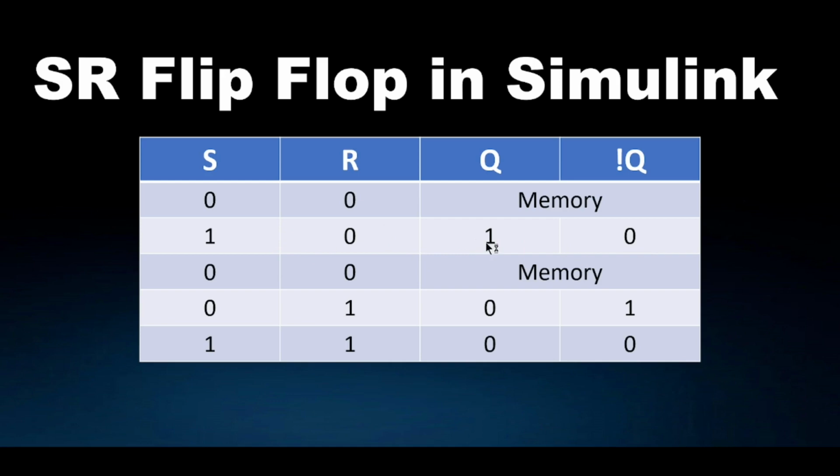At this stage, we are having the value of Q as a 1. So when in next step, we'll set S to 0 and R to 0, then we can see the memory, means we'll see Q as a 1 and Q's complement as a 0.